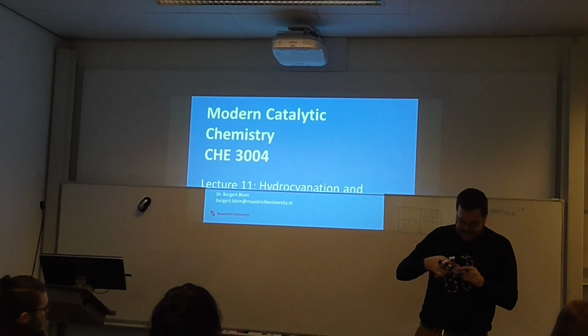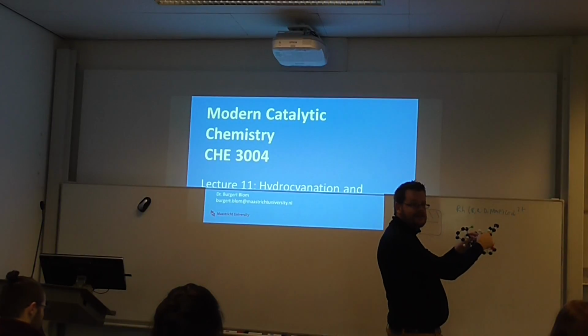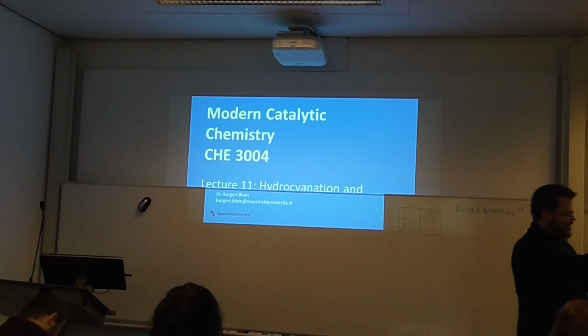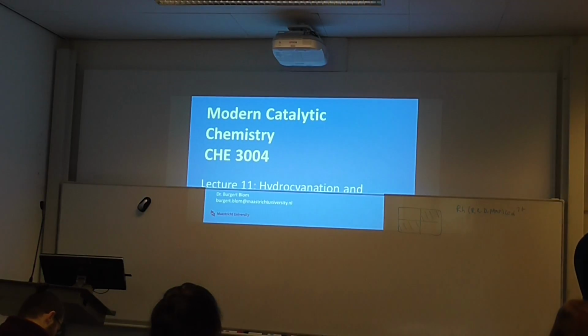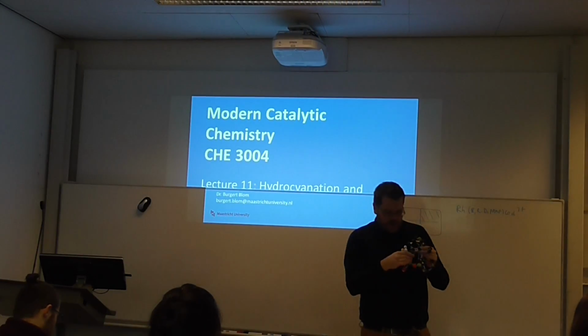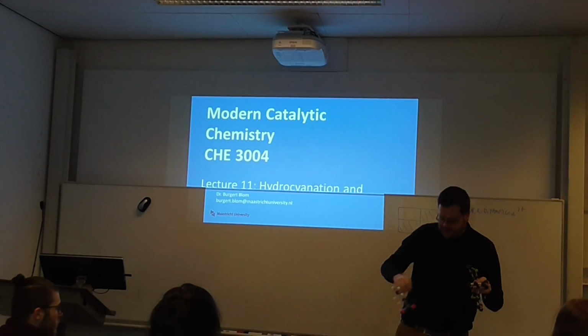What happens in the next step is hydrogen activation. So of course this intermediate is how many valence electrons? 16. So it undergoes oxidative addition with hydrogen. Now I'm just going to remove the alkene for a moment.